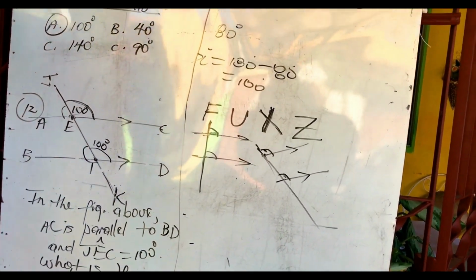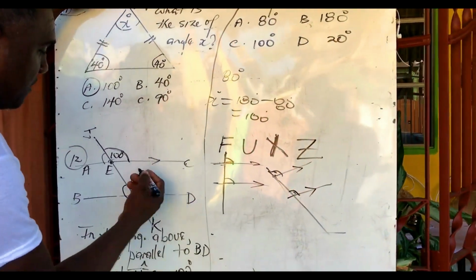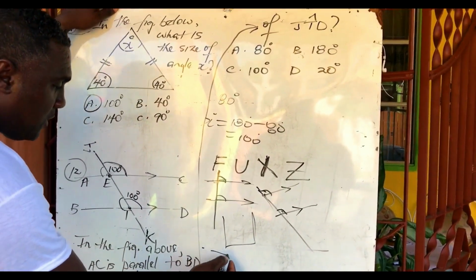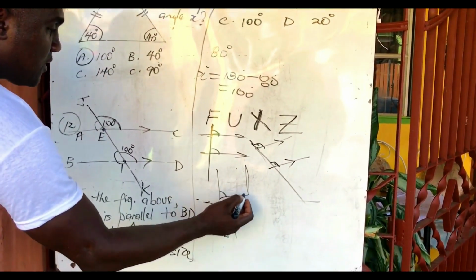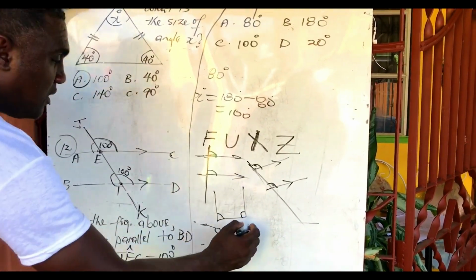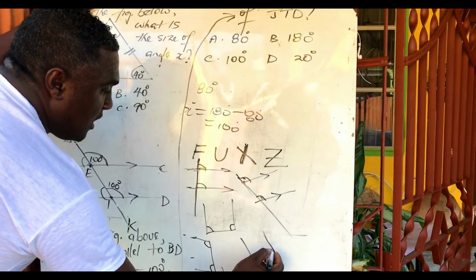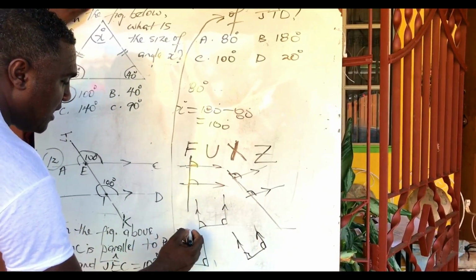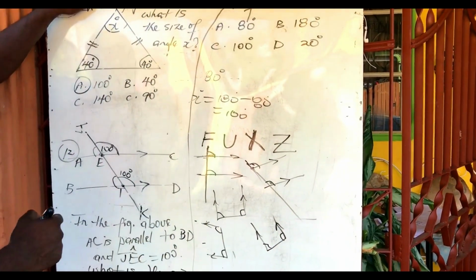Now what if they had asked us something else? Let us look for U angles now, because sometimes they can give you U. Now U can be in any shape, any position, any orientation. This and this, as long as these two lines are parallel, then this straight line must be a transversal.